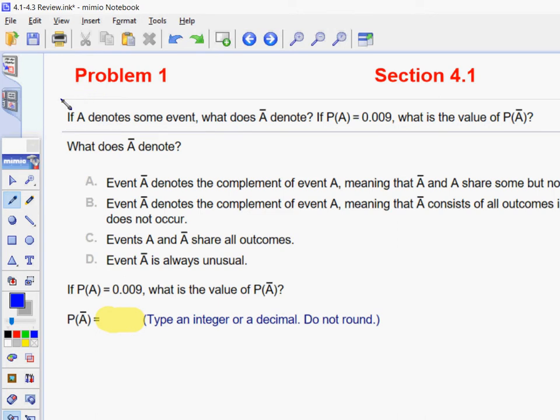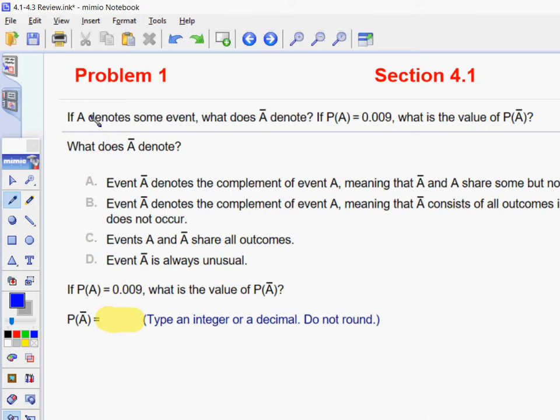It says if A denotes some event, what does A not denote? If the probability of A equals 0.009, what is the value of the probability of A not? Okay, so what does A not denote? Well, let's just assign A to something. Let's say that the event A is me putting everybody's name into a hat, the class's names into a hat, and I draw a name out, and event A is me drawing your name out of the hat.